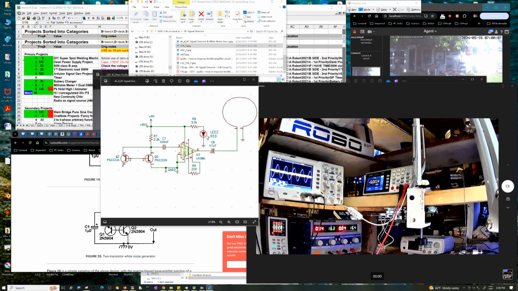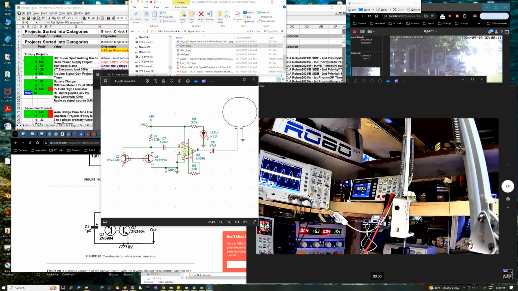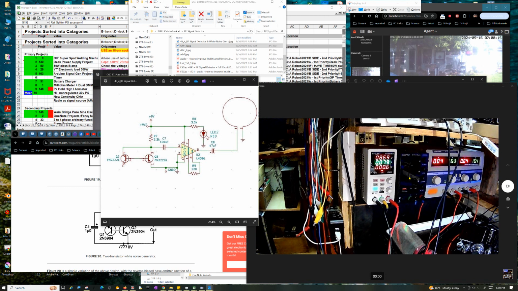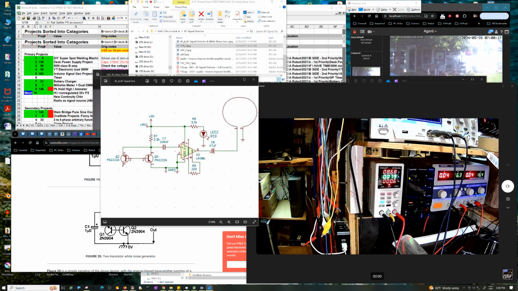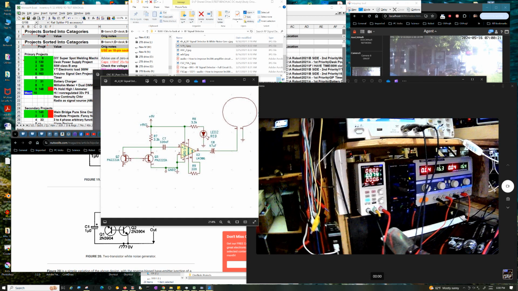But like I said, with them shorted, like I had it originally, it's still kind of generating these little peaks and valleys here, as the CCS tries to figure out what it wants to do.